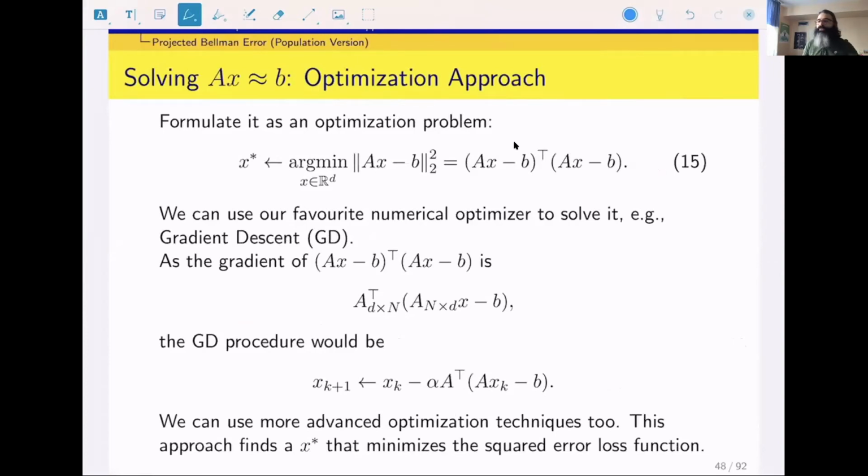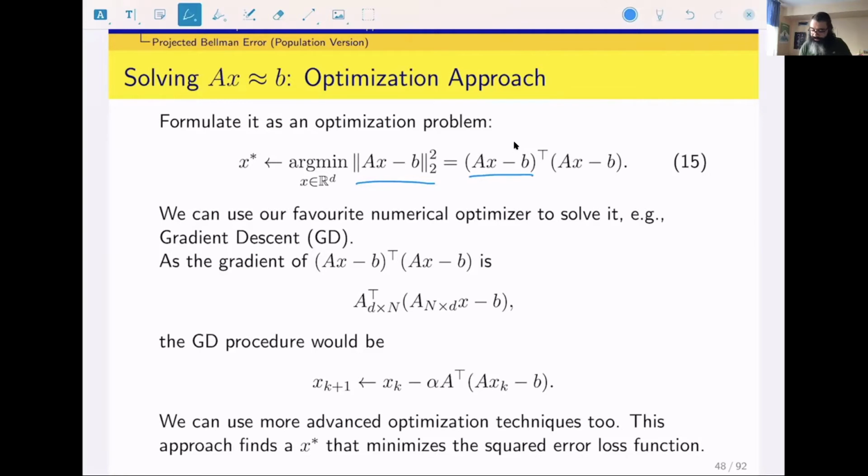So I start from the optimization approach. We formulate it, as Brian mentioned, as an optimization problem where we have the L2 norm of Ax minus b and try to minimize that, or the L2 norm squared, since everything here is finite vectors. So we write it as (Ax minus b) transpose times (Ax minus b). To solve it as an optimization, we compute its gradient.